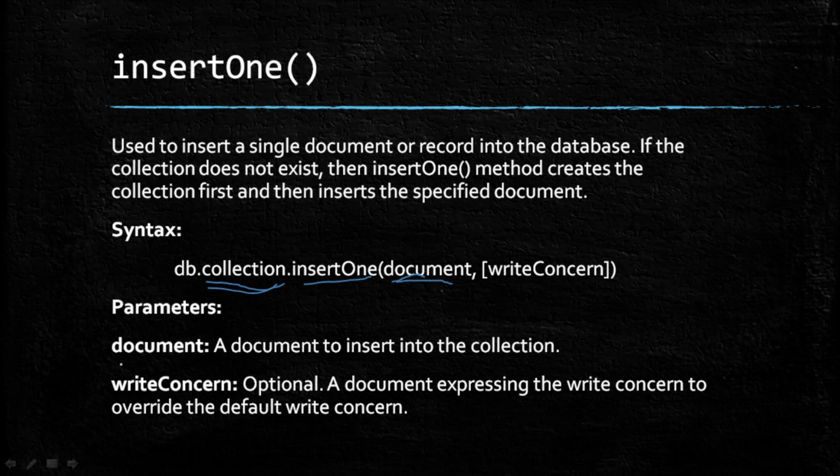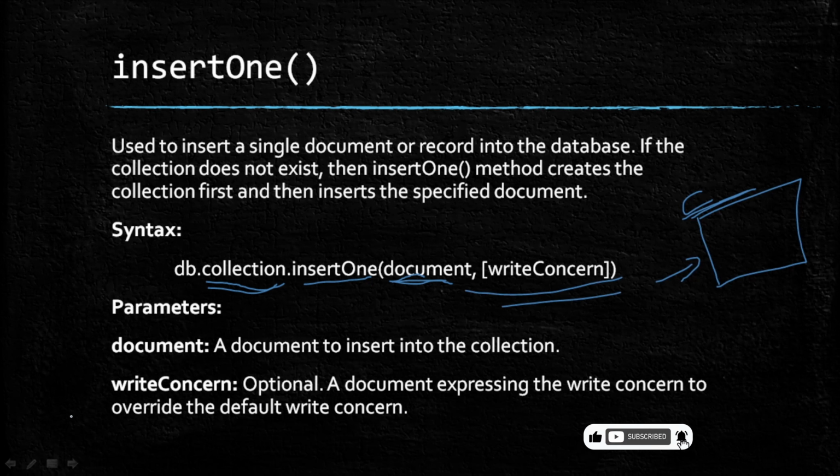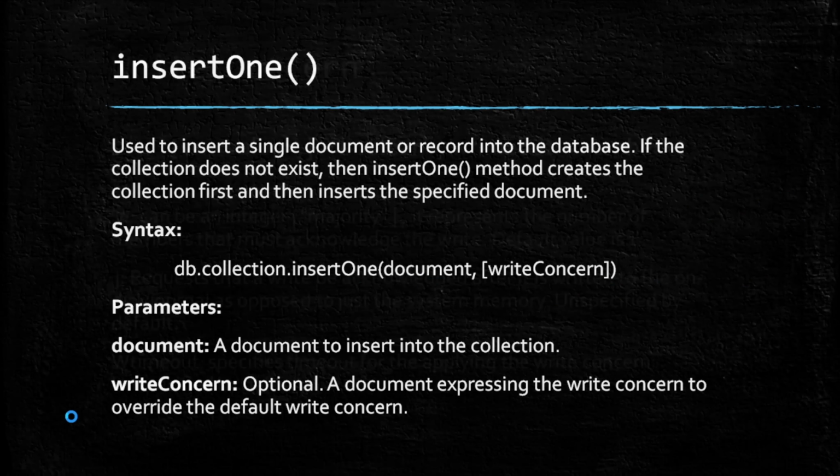The document parameter is the document to insert into the collection. What document we want to insert, we mention in this parameter. Write concern is an optional parameter, a document expressing the write concern to override the default write concern. We will discuss this more on the next slide. Now we will go to the next slide to understand write concerns.